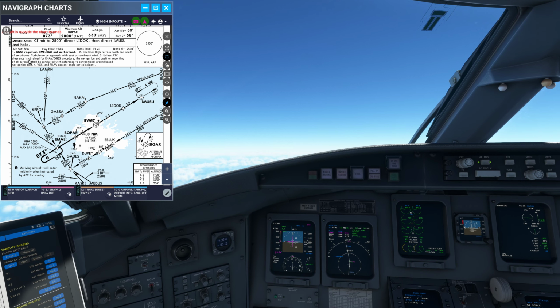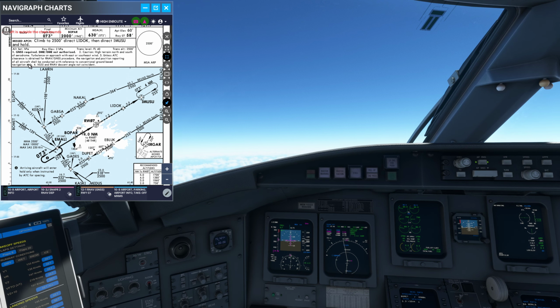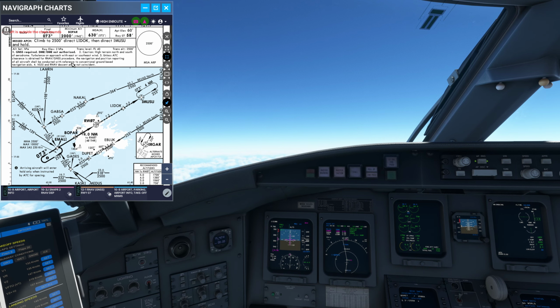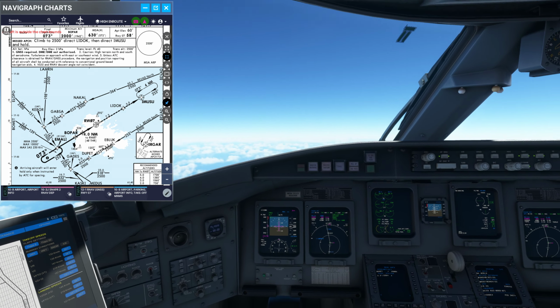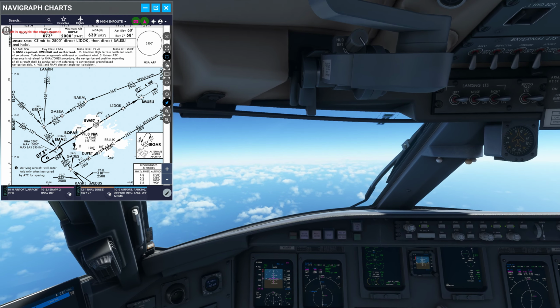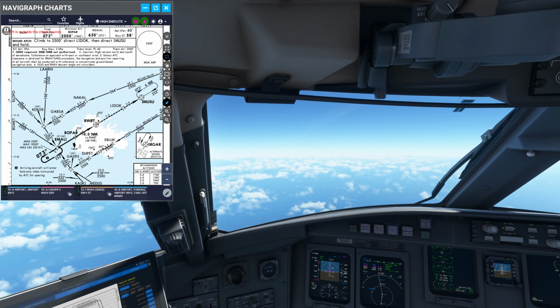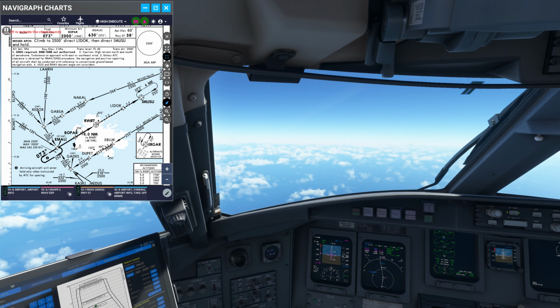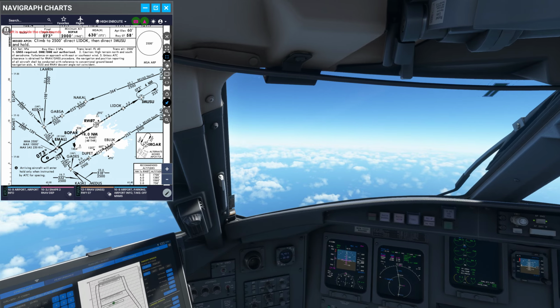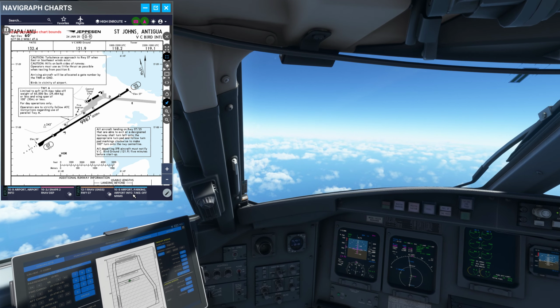Unless ATC clearance is obtained for an RNAV GNSS procedure, the navigation and position reporting of all aircraft shall be conducted with reference to the conventional ground-based navigation aids. And what does that mean? Unless they tell you to expect the RNAV approach, what they're going to want is position reporting based off the VOR that's on the field. That's essentially what they're telling you right here.